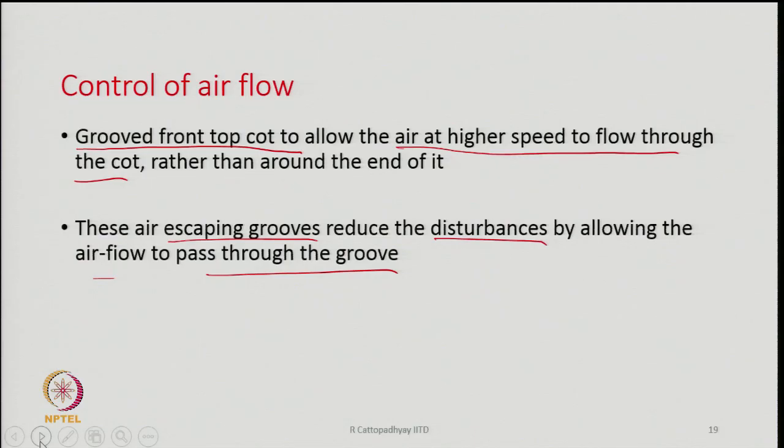Because of this, the companies have been able to raise the speed of drafting further. That is the kind of development that has happened in the cot design, that the cots now have some grooves.